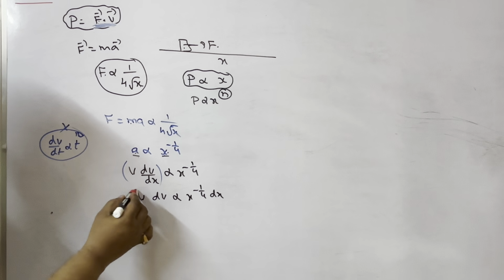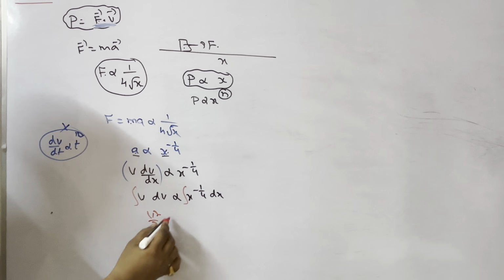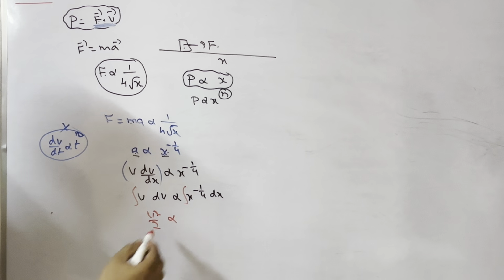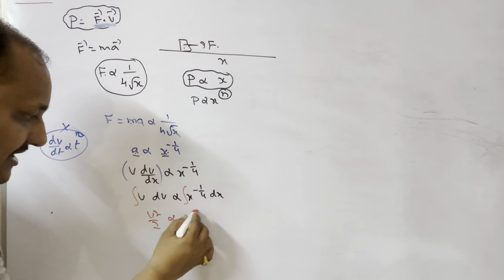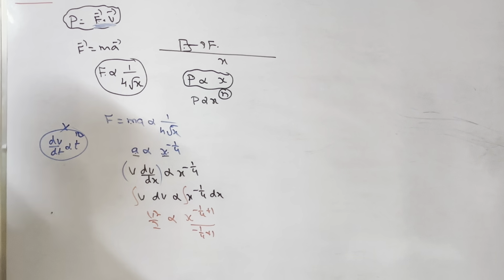If you do integration on both sides, integral v dv gives v square by 2. I am writing directly proportional, so you can remove all the constants. We want only the x and v relation. x power minus 1 by 4 plus 1, by minus 1 by 4 plus 1. Then v square is directly proportional to x power 1 minus 1 by 4, that is x power 3 by 4.